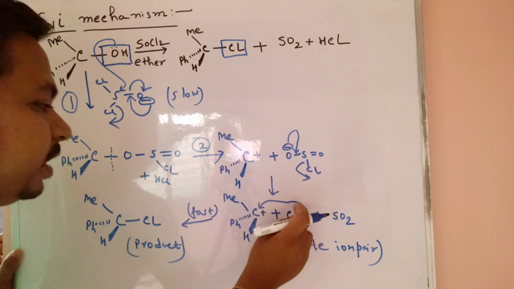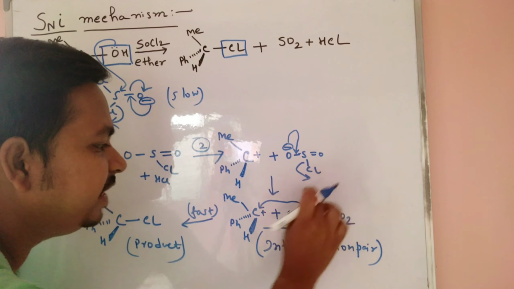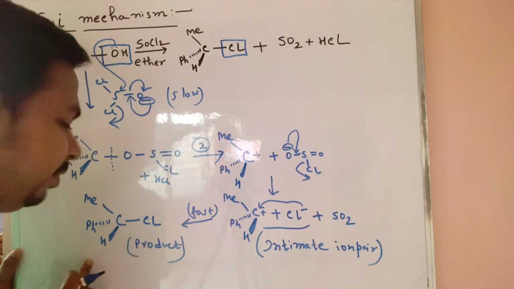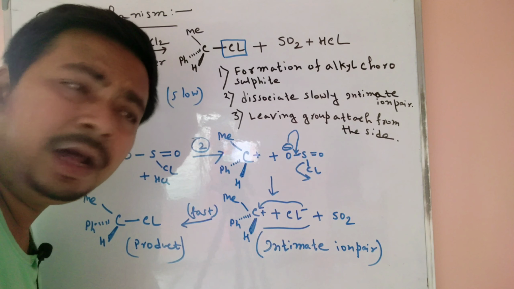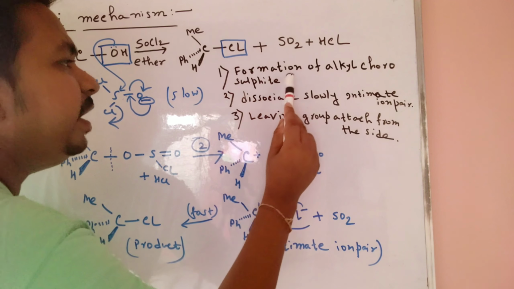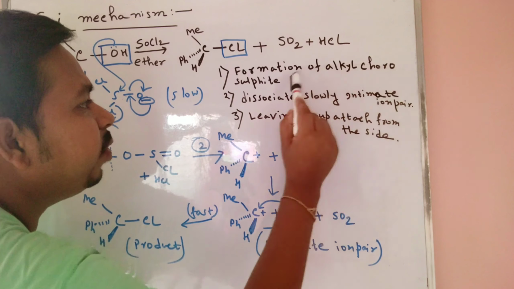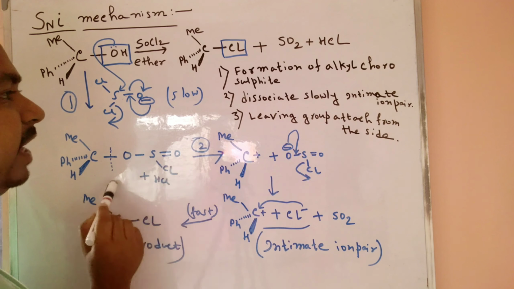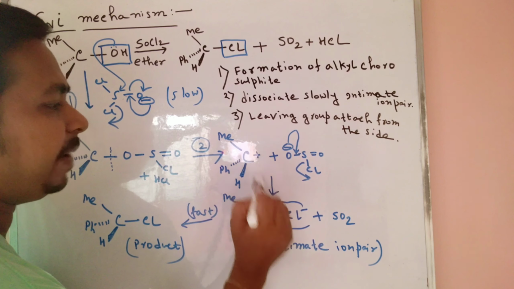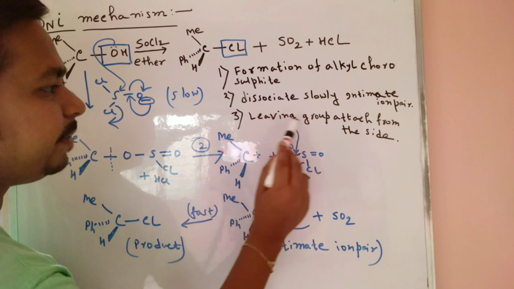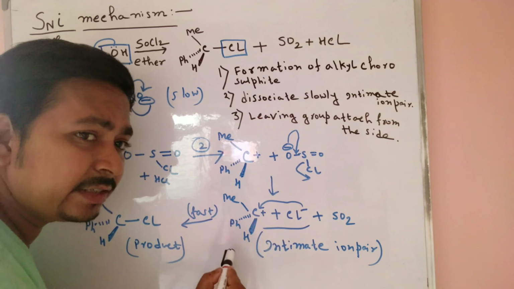So here the leaving group Cl directly attacks the carbon and forms the product. So the mechanism is totally formation of alkyl chlorosulfite, then the next step is slow dissociation to the intimate ion pair. Then the third step is the leaving group attacking from the same side.